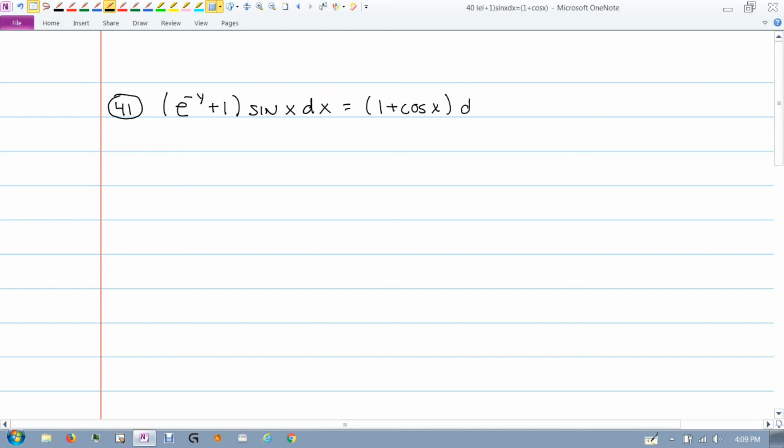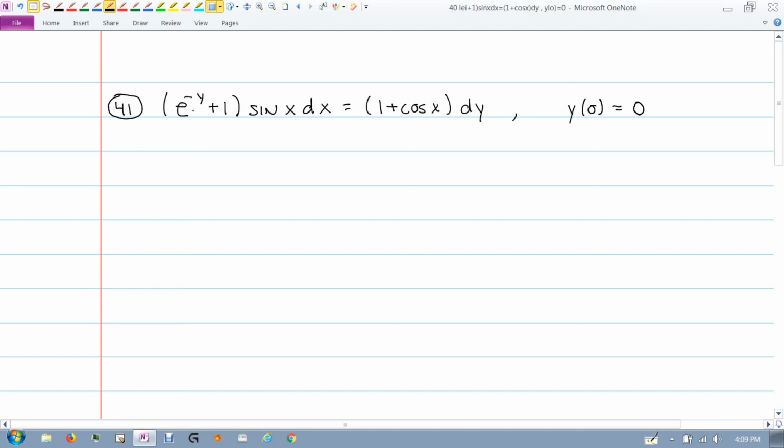All right. So here's the initial condition. Whatever function we find, y of 0 must be 0. So when we plug in x equals 0, we should get 0. And that will, instead of giving us a family of functions, we're actually going to nail it down to precisely one solution.